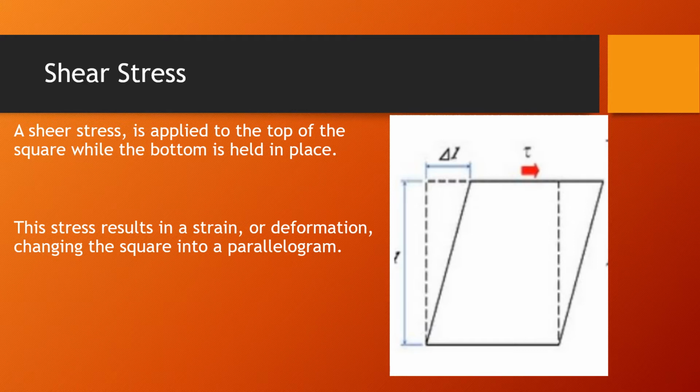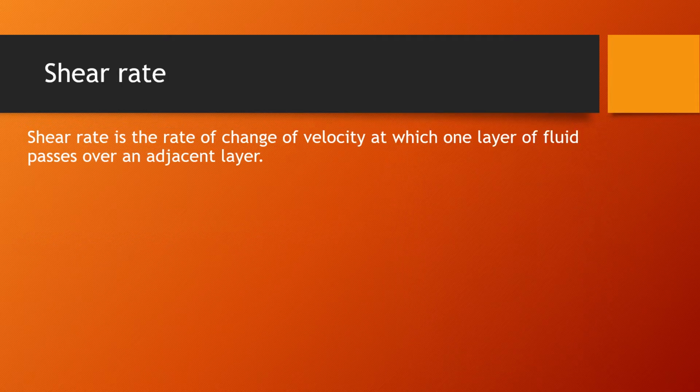Strain is nothing but deformation as a result of stress, changing the square into a parallelogram. So when stress is applied on the top of the square, that is called shear stress, a strain is developed which is called deformation. That deformation will result in a change in the structure of the square into a parallelogram.